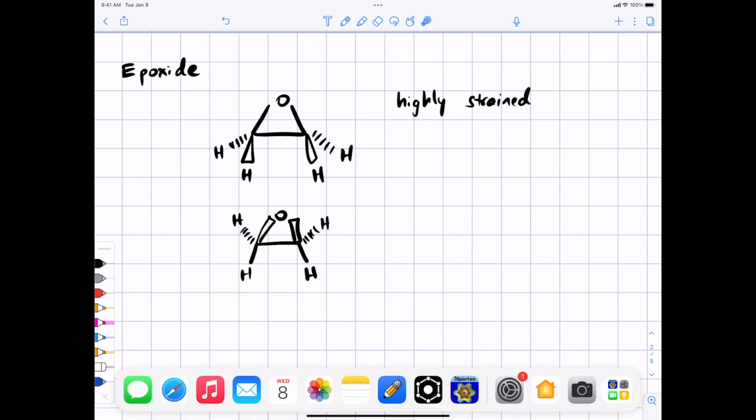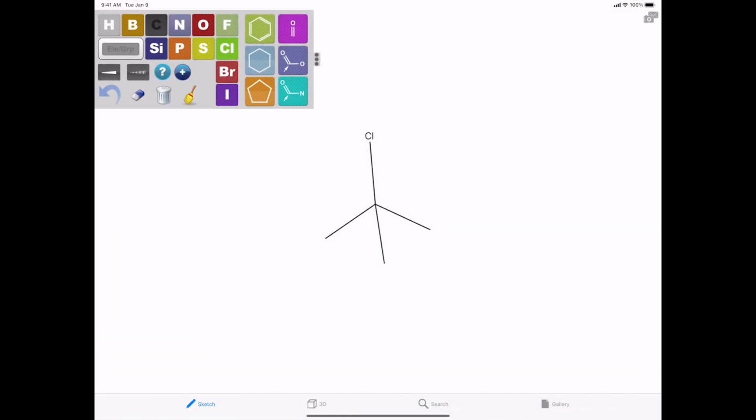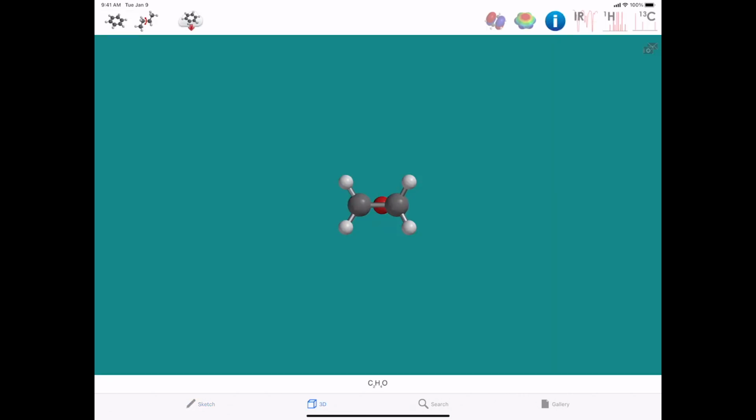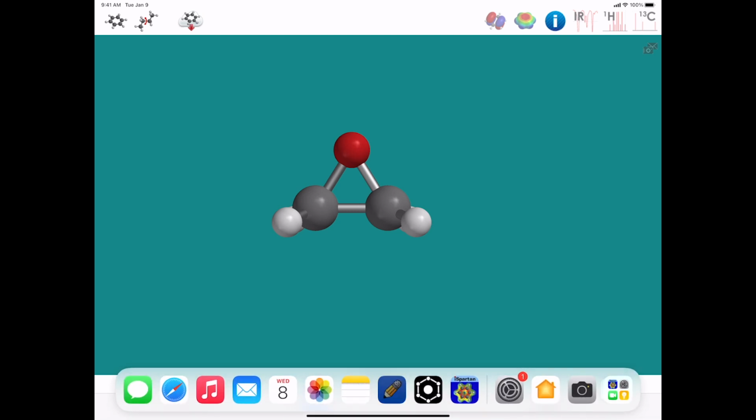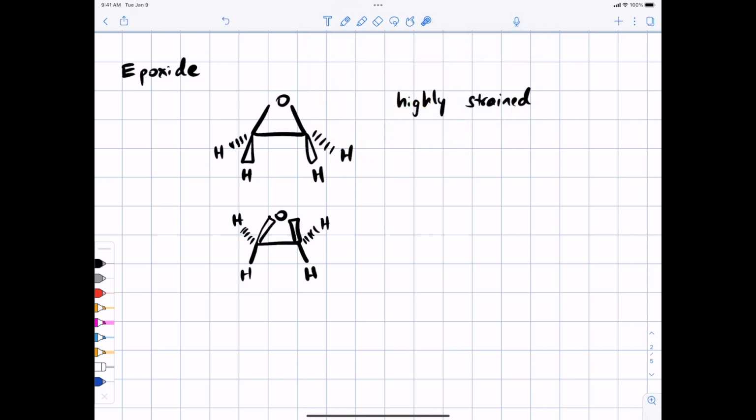Maybe it's worth looking at an epoxide in Spartan, if we can draw one. Okay, so this is the view of the epoxide that we did here.